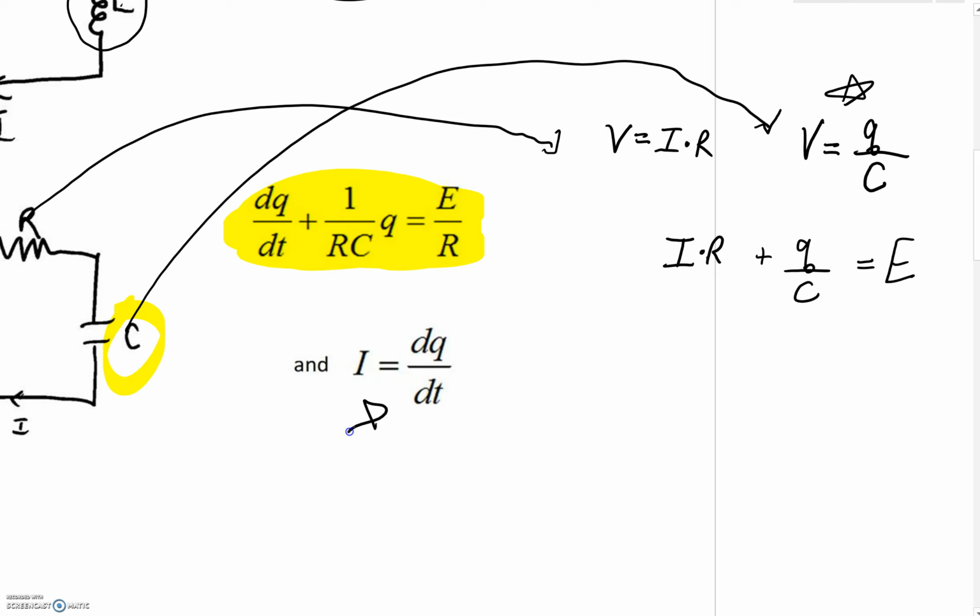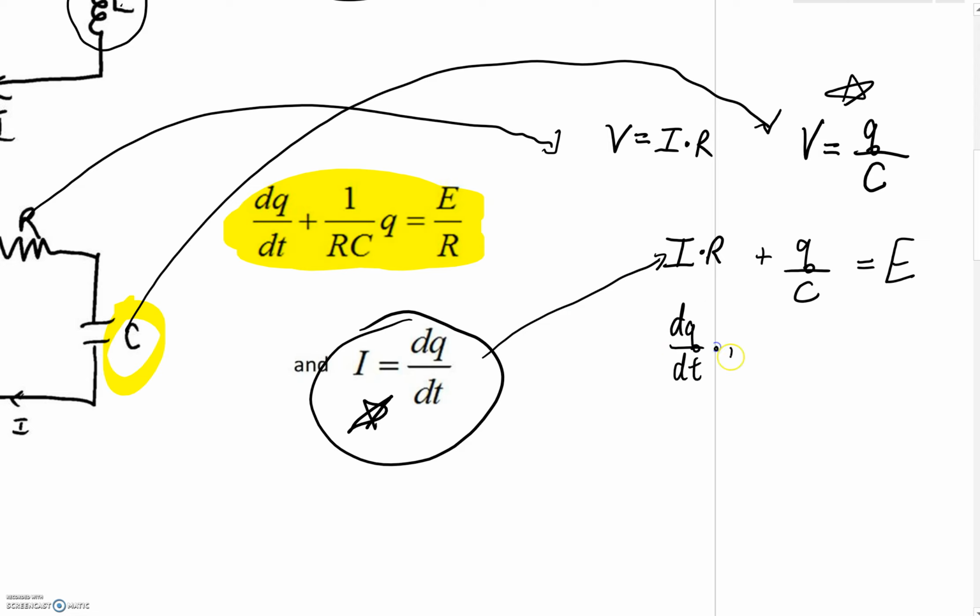But this is where we get to another very important definition: current is really a rate of change. It's how the electric charge changes with respect to time. If we use that, here's our dq dt times R plus Q over C equals E.